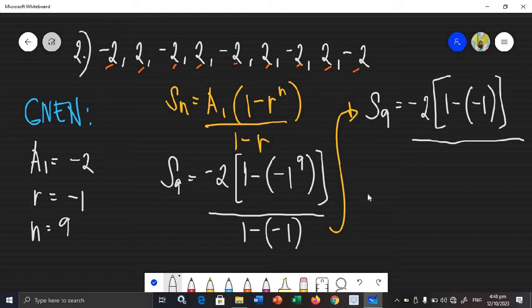So, 1 minus negative 1. The answer here is 2.